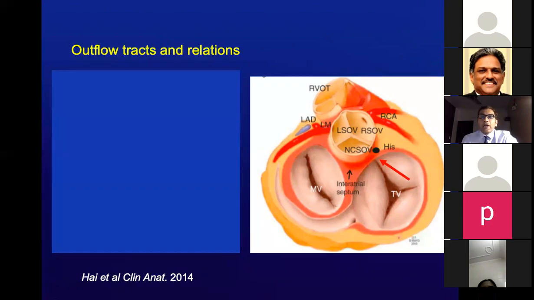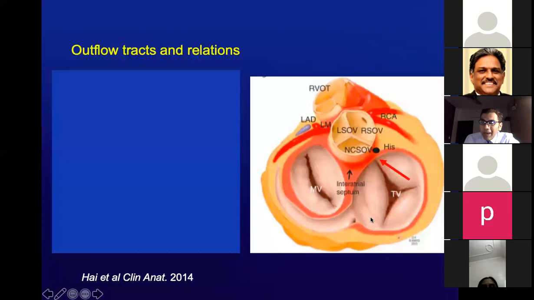Also like to draw your attention towards the intricate relationship between the valves. Remember the tricuspid valve annulus, the mitral valve annulus: the anterior part of both these annuli are not in contact with each other.